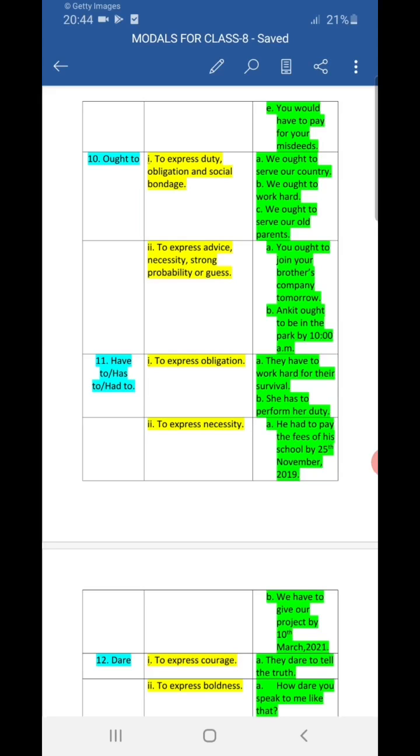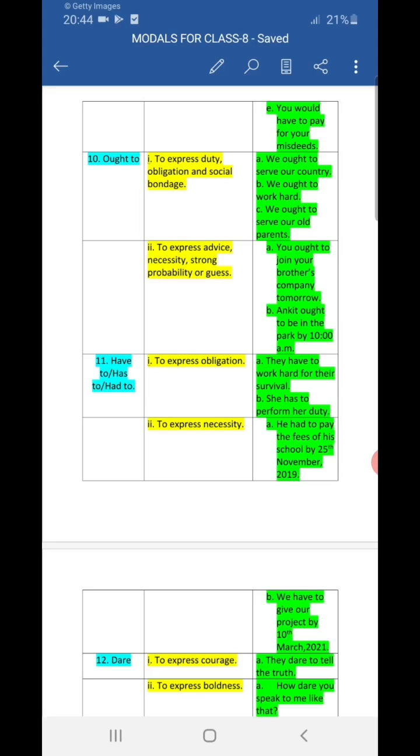Number 11. Have to, has to, or had to. Purpose number 1. To express obligation. Number A. They have to work hard for their survival. They have to do what? Work hard for their survival.